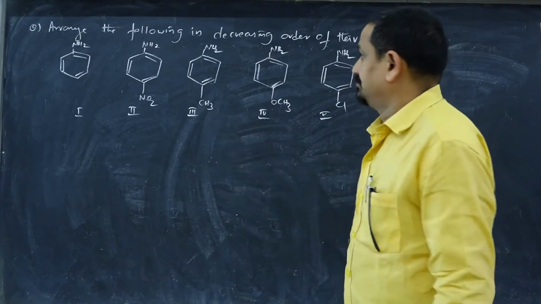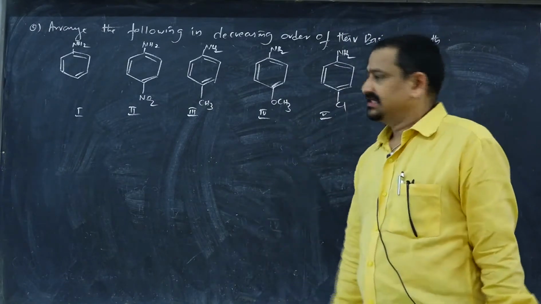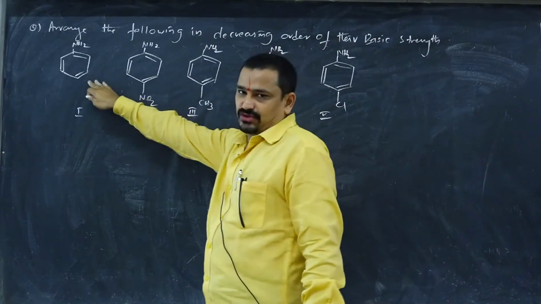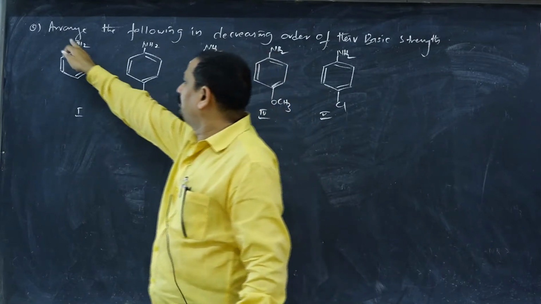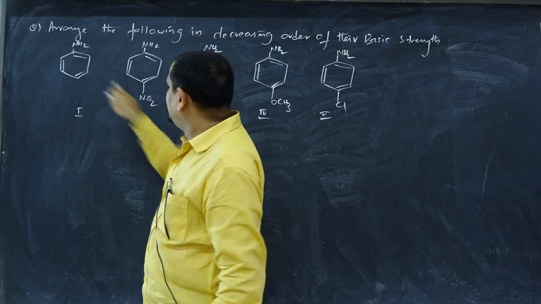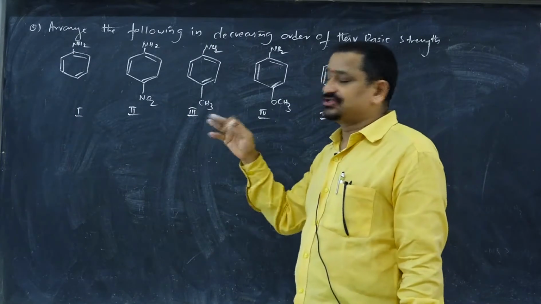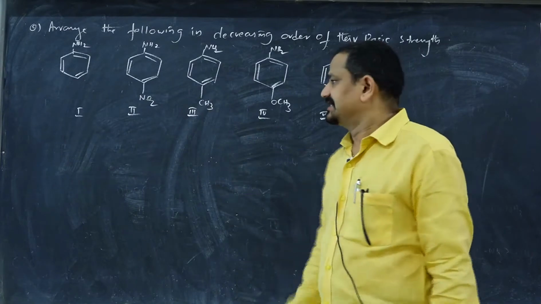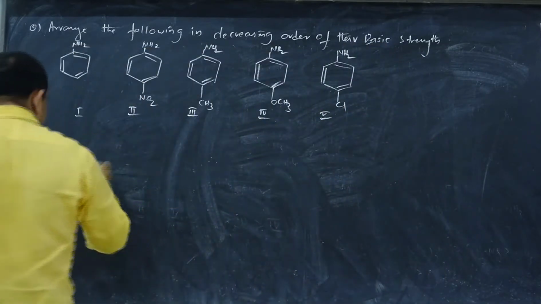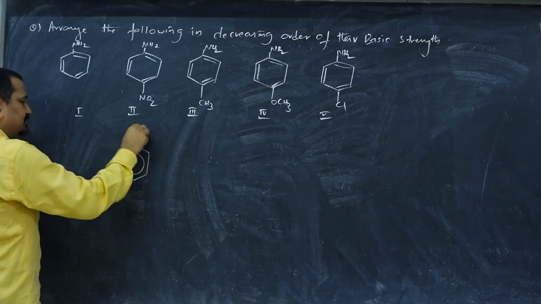So, next question. Arrange the following in decreasing order of their basic strength. It is a weak base, of course, because the lone pair is in conjugation with an aromatic ring. Due to the presence of these groups, its basic strength is increasing or decreasing; let us see. So here the basic point is, after behaving as a base, suppose NH2 is there.